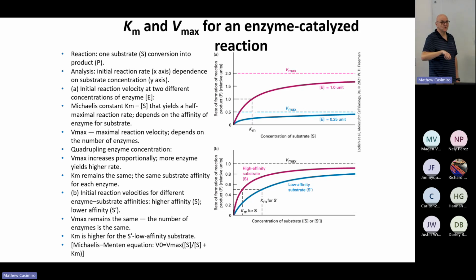So the Keq value is going to be high. If the Keq value is high, it means that products are favored over reactants, representative of an enzyme that has a high affinity for its substrate and would push the reaction forward.